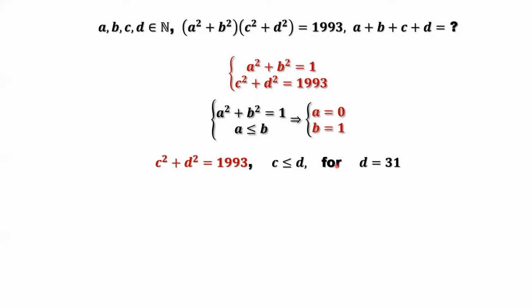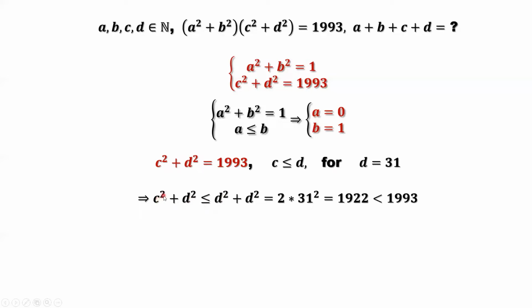So if d equals 31, based on our assumption c less than or equal to d, we can see c squared plus d squared is less than or equal to d squared plus d squared.